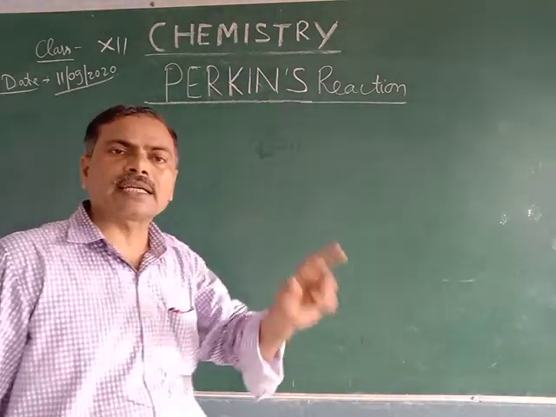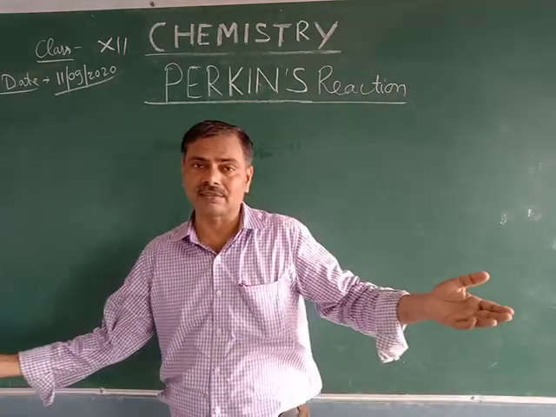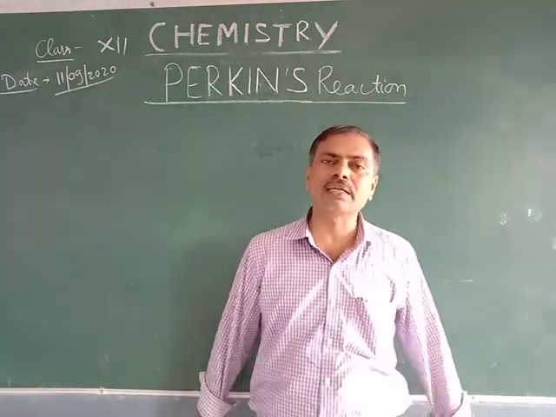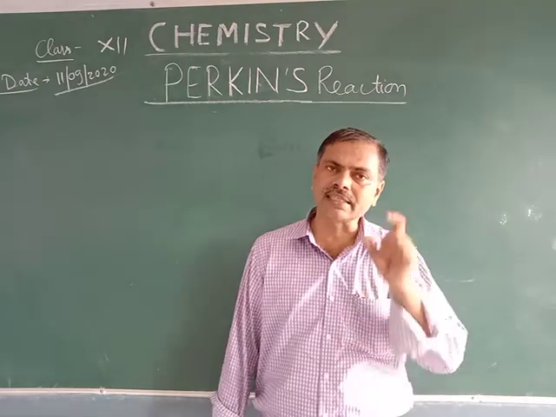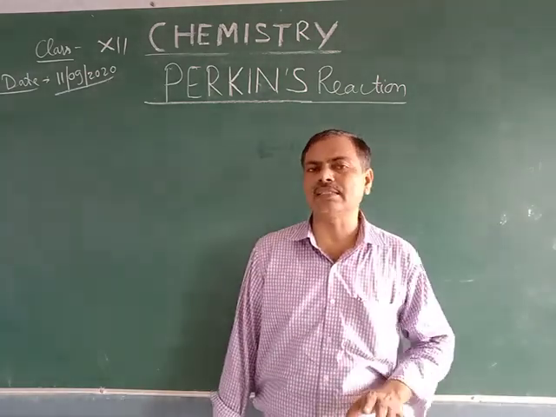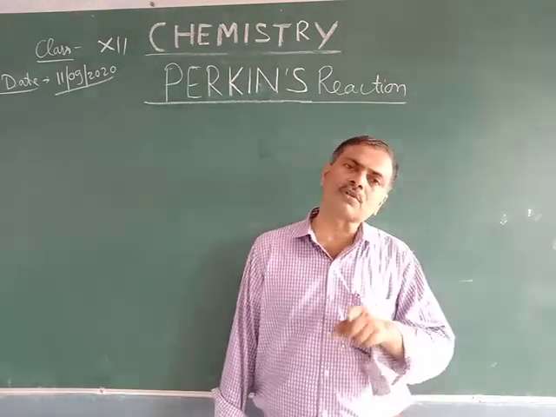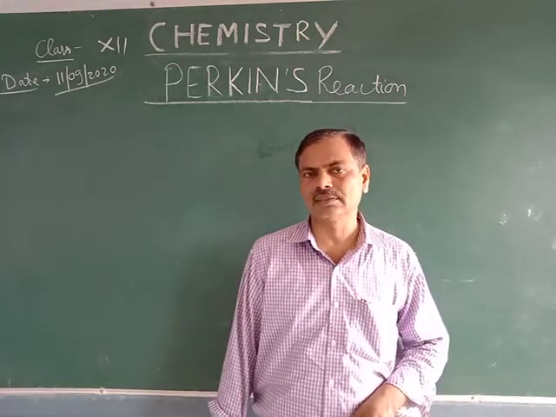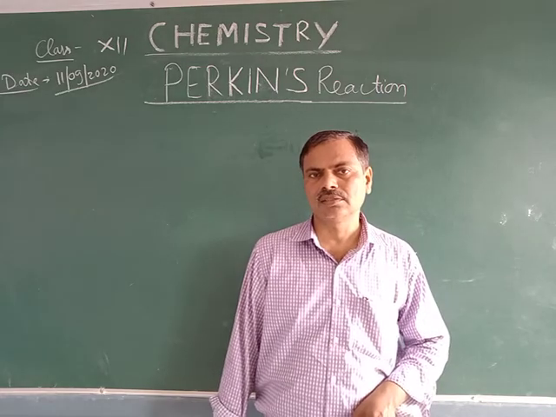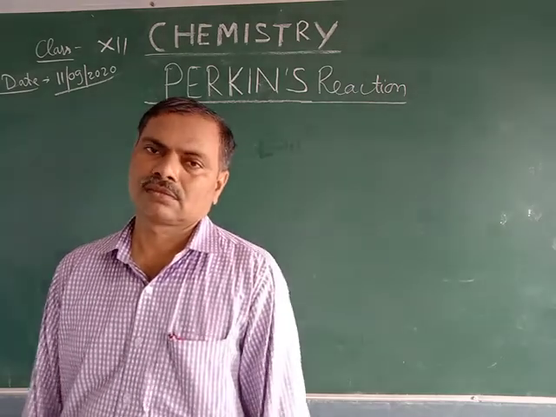When any aromatic aldehyde, like benzaldehyde, is treated with the anhydride of a carboxylic acid in the presence of the sodium salt of that carboxylic acid, we get an unsaturated acid.